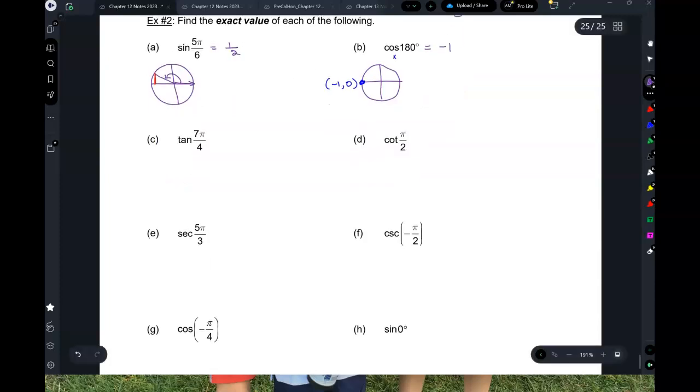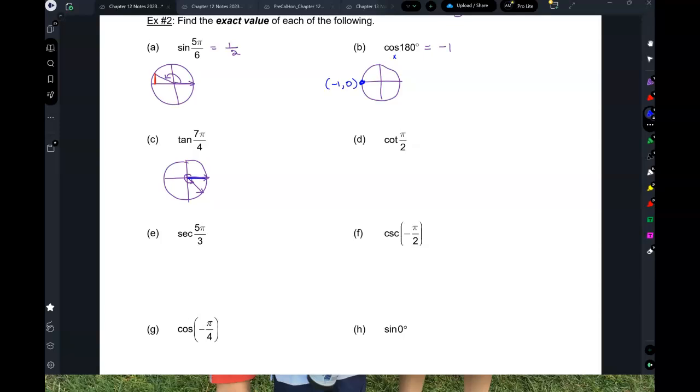Okay, so tangent of 7 pi over 4. Is this in a quadrant or on the axis? In a quadrant. Which quadrant is this in? The fourth. Now, which one of the triangles is this? 30, 60, 90 or 45? 45. So for the 45, 45, how big are the sides?